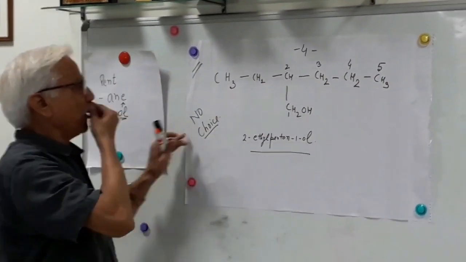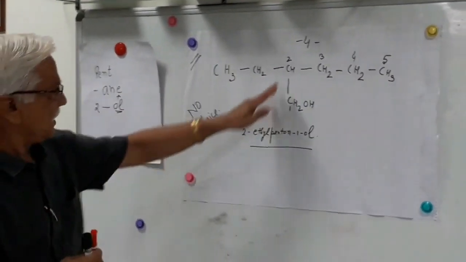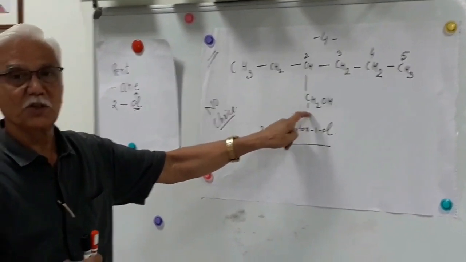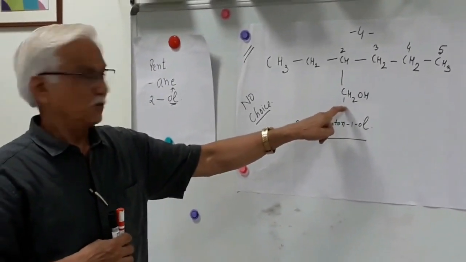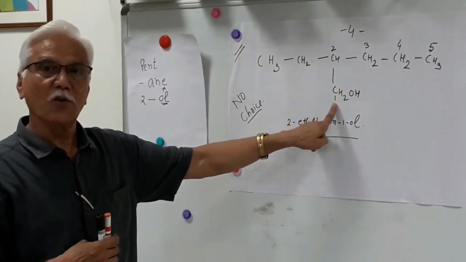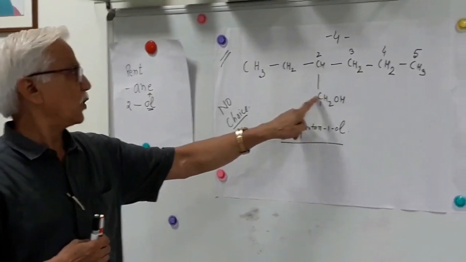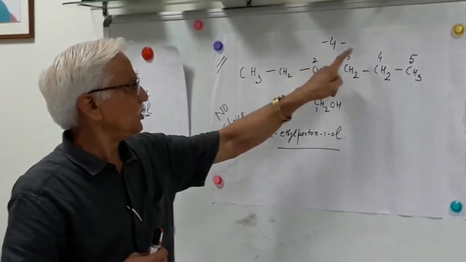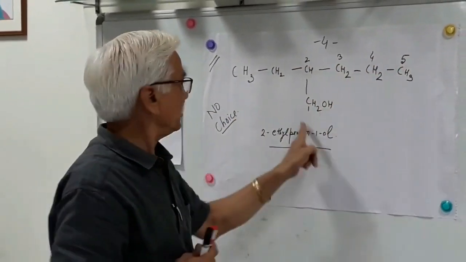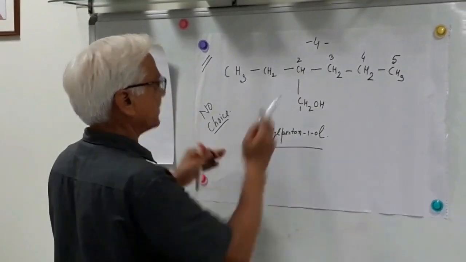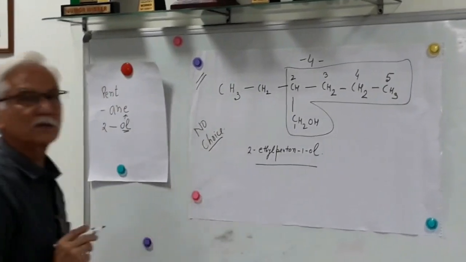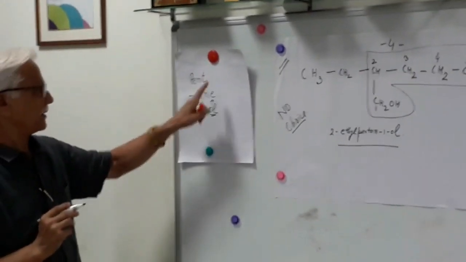Now here, if the functional group is like this, then the numbering has to start from the functional group. The first number will start from here always. So the chain is like this. This is the root chain. So the root chain is again pent-an.